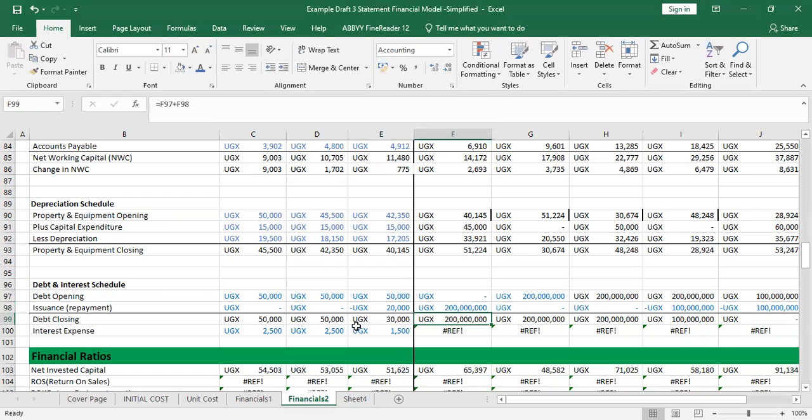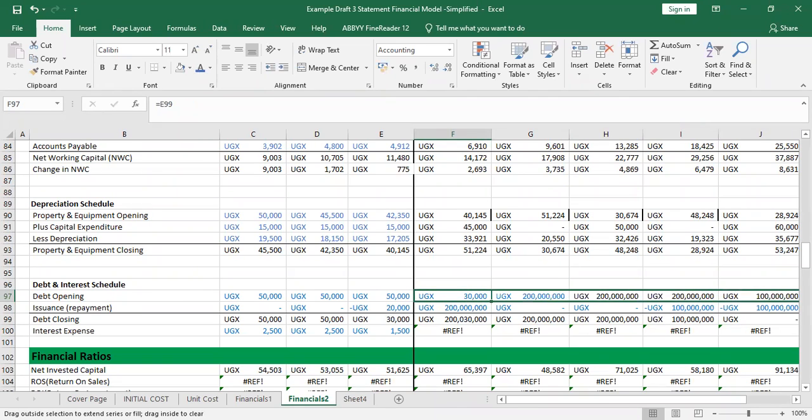That means the opening date is always equal to the closing date. So I'll just pick from the closing date here. That is the opening date. So that is how it works, and I'll just continue stretching this.